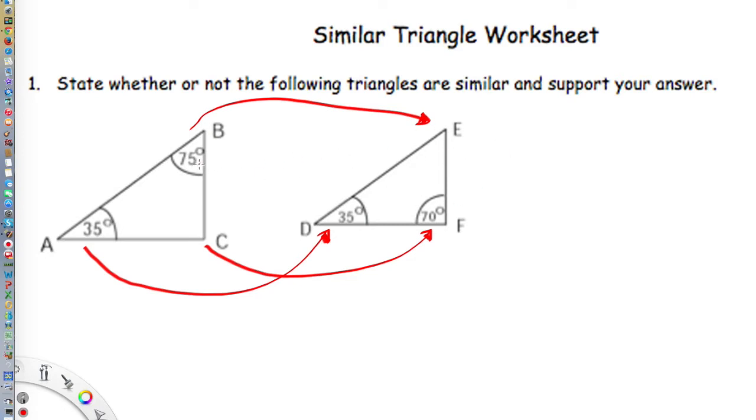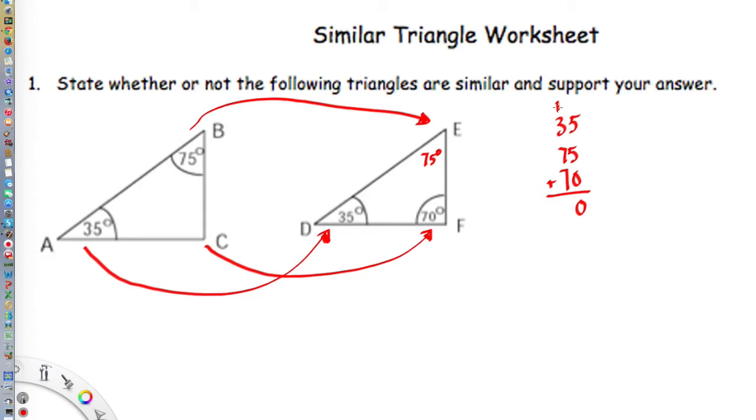So let's test this idea. If this is the case, then angle E has to also be 75 degrees. And let's see if that works. I should be able to take these three angles, 35 degrees plus 75 degrees plus 70 degrees, and when I add them all up, I should get 180. If that's the case, then I think we can say that these triangles are similar. 5 plus 5 is 10, plus 0 is 10, carry the 1.